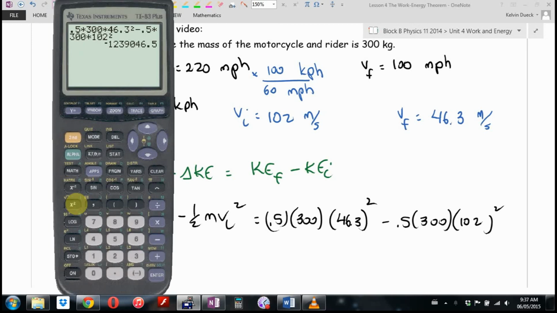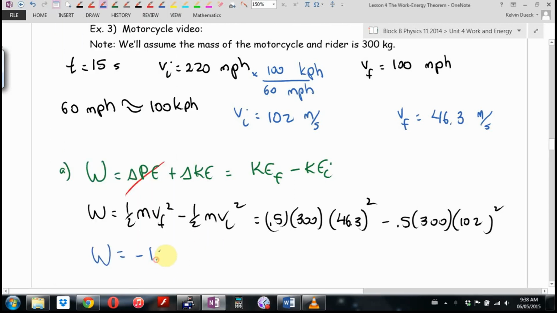So negative 124... How about negative 1.24 times 10 to the 6th? Yeah, we have to go scientific notation. Negative 1.24 times 10 to the 6th joules of work. Now, some of that did go into sound because you could hear the sound pitch change, and sound is a form of energy. Most of it went into heat. Let's say all of it did.